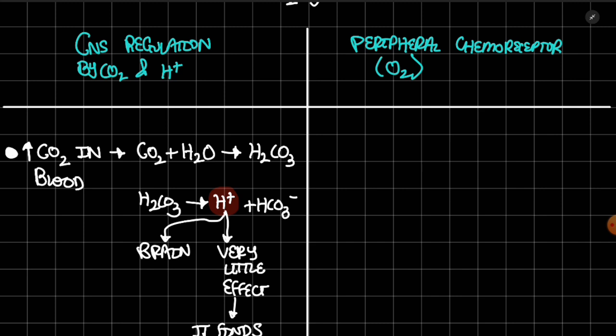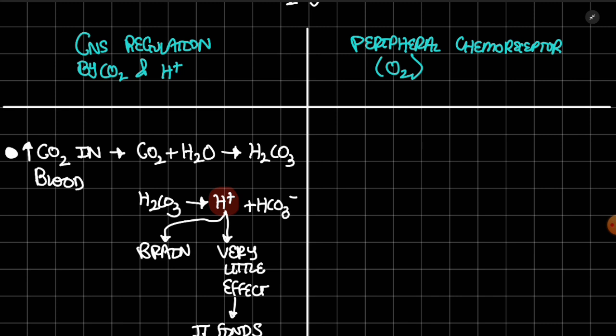So talking about the peripheral chemoreceptor, that is O2, what will stimulate the chemoreceptor, the peripheral chemoreceptor, to regulate respiration? Will the O2 condition increase and stimulate, or decrease and stimulate? Yes, if the O2 condition decreases, it will stimulate.